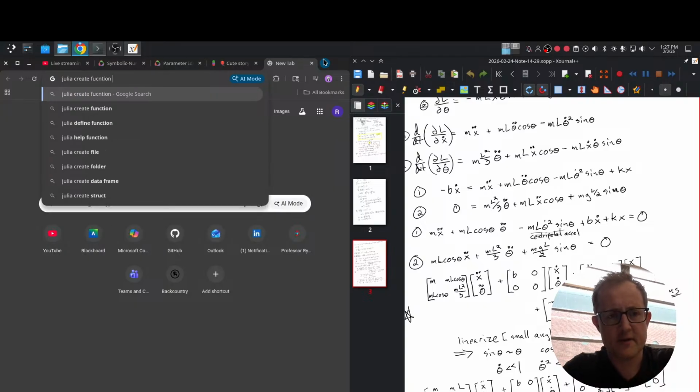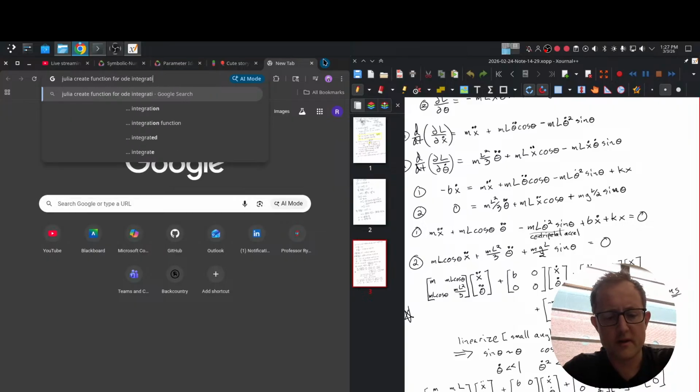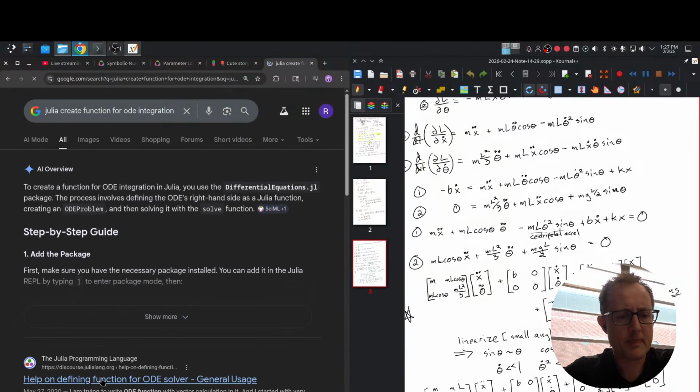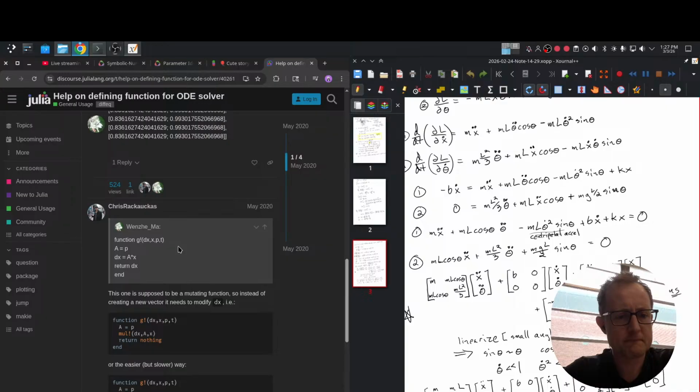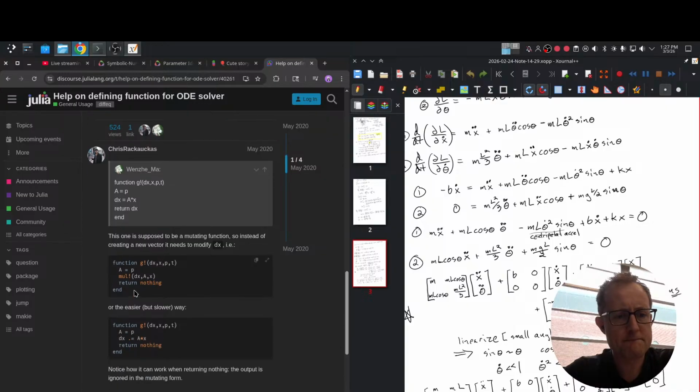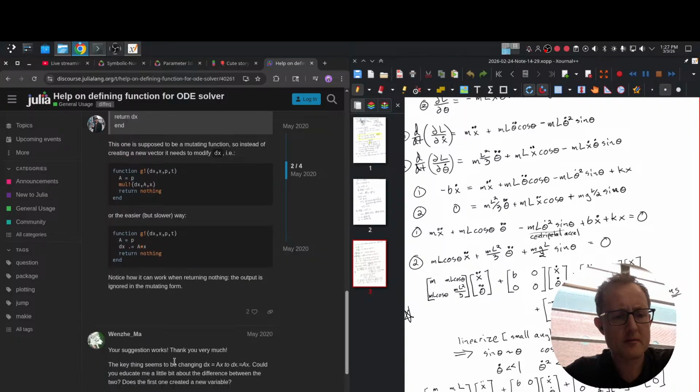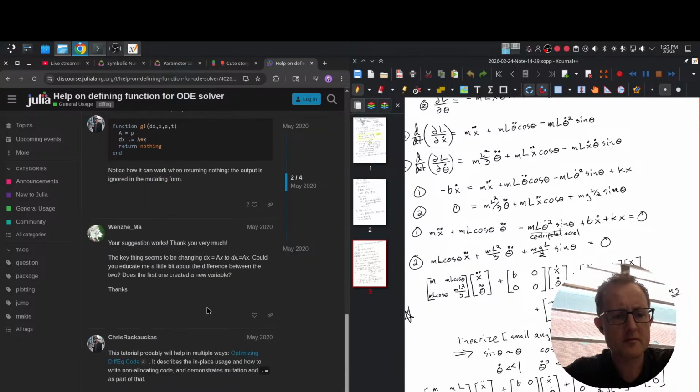Create function for ODE integration. Optimizing differential equation code.